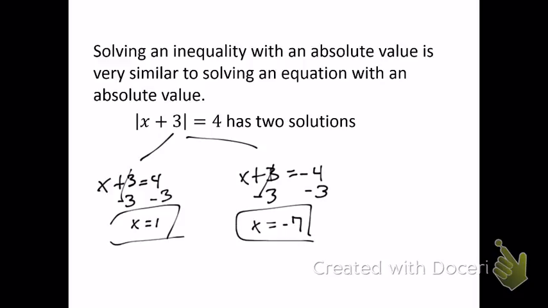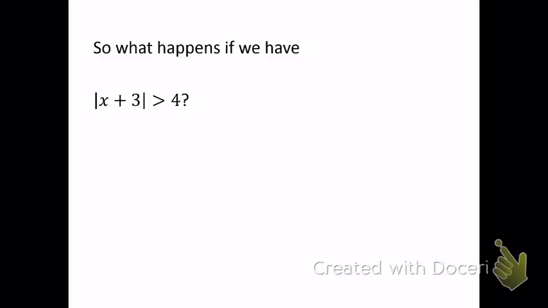But what happens if we come across an inequality that looks like this? The absolute value of x plus 3 is greater than 4. We make sure our absolute value is the only thing on the left side of the inequality, and we split it, same as what we did last time. So we do x plus 3 is greater than 4.